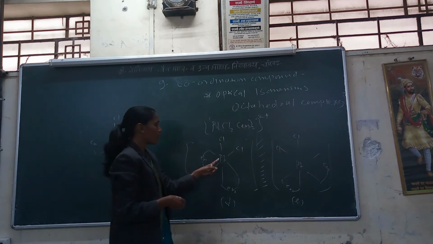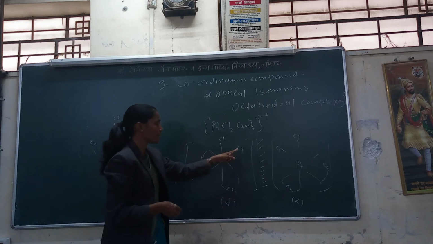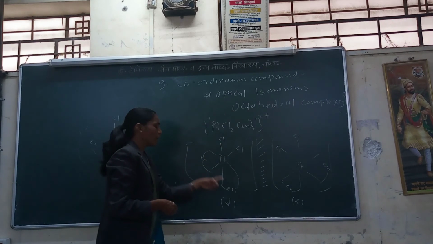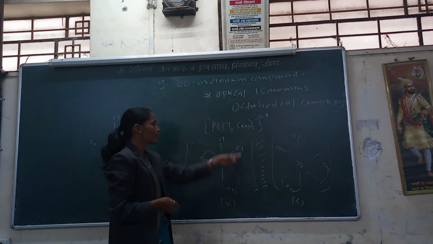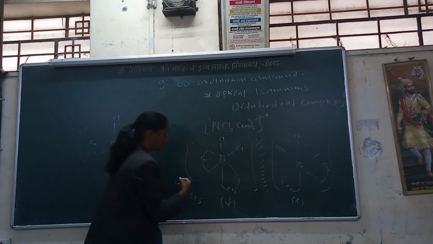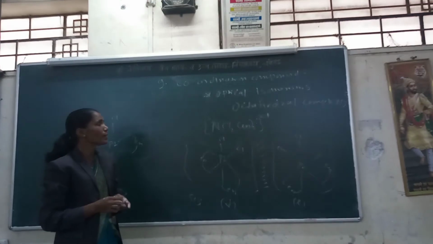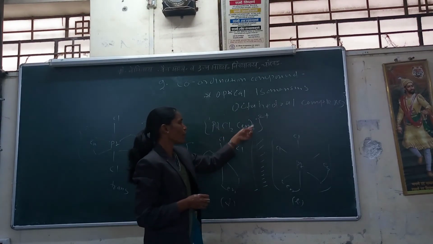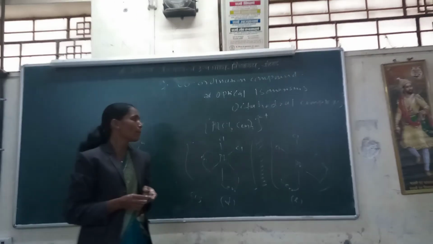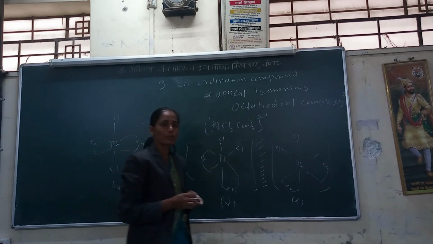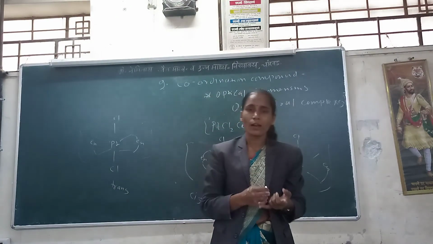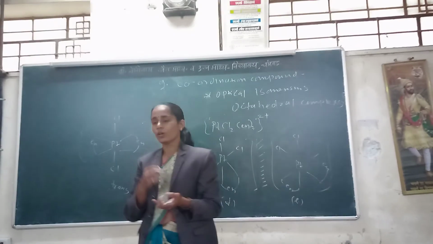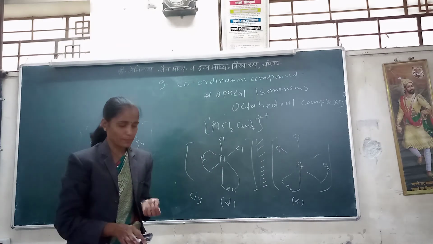And in this compound, Cl is on the same side and en on the same side, meaning this is the cis compound. So PtCl2 en twice 2 plus shows two types of isomerism: optical isomerism and also geometrical isomerism.